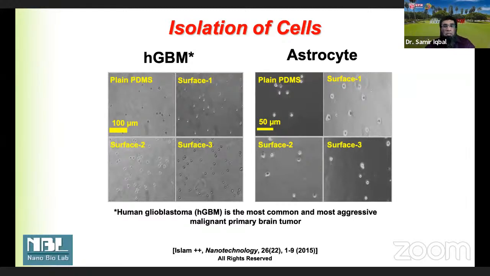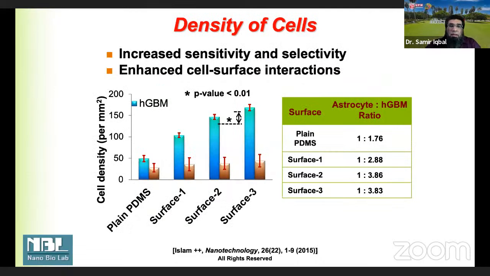And what we found was the number of cells was dramatically higher when we were increasing the roughness more and more. The red data is for astrocytes, which are normal brain cells.